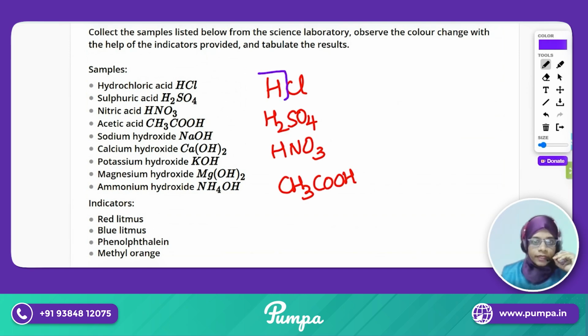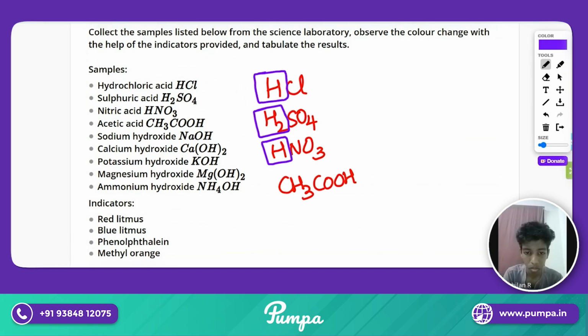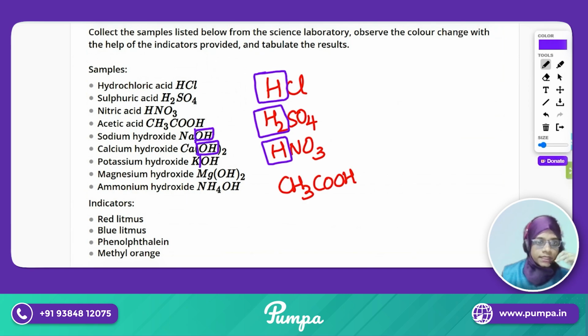So we can easily find the hydrogen. This is one way to identify them. But in the compounds, for bases we know they should have OH minus ions. OH minus ion, correct? So here you can see OH, OH, OH. So we can call them bases, right?